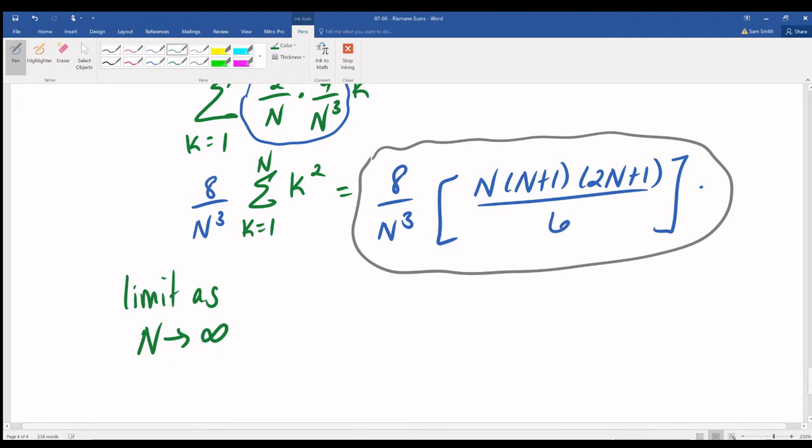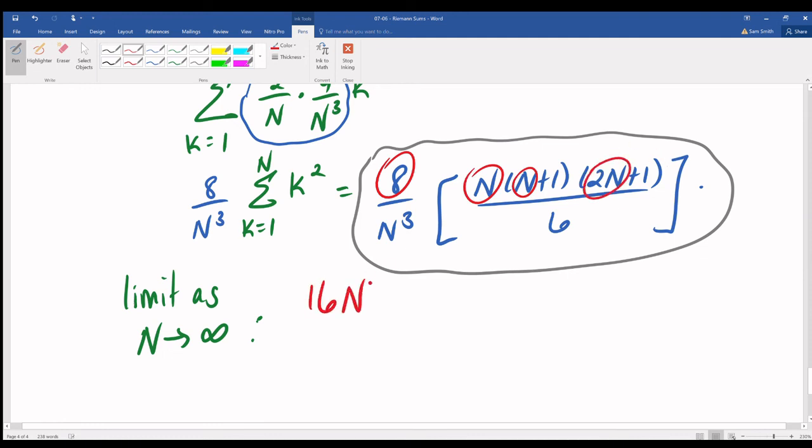Now, this is the moment where we have to go back in time to either pre-calculus or calculus, when you studied how to take limits of rational functions for the first time. The key is to look at the leading terms of the numerator and denominator. In the numerator, our leading term would consist of an 8, an n, and a 2n, in other words, 16n cubed.